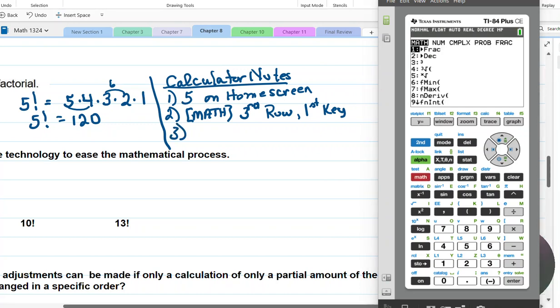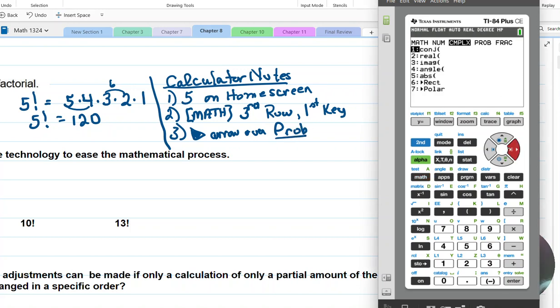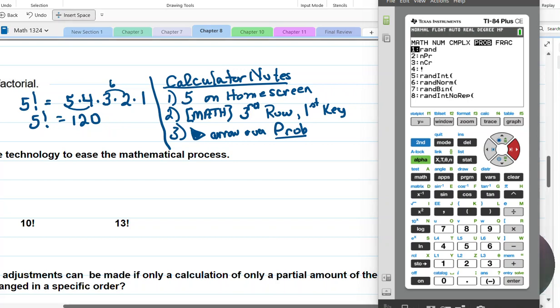Then you arrow over to PROB, probability. So I'm going to arrow over. There it is, probability. They make a little bit more room.